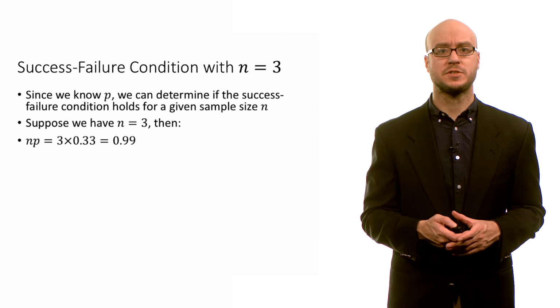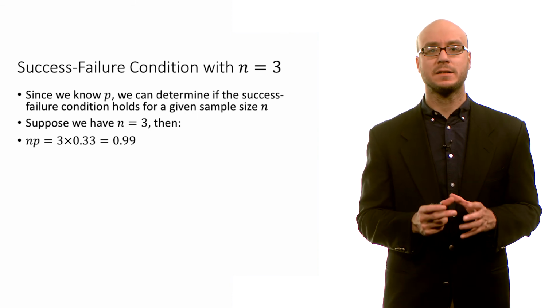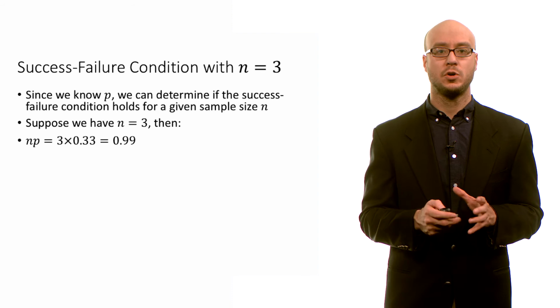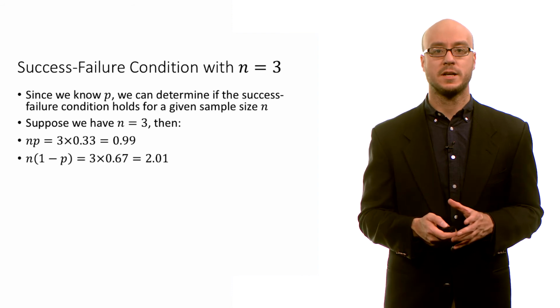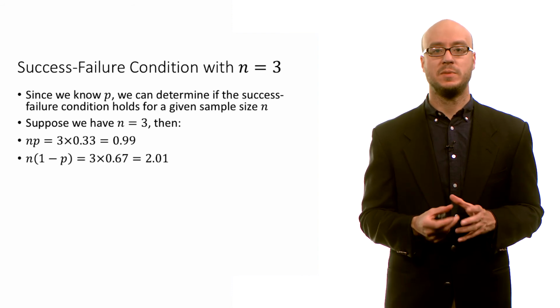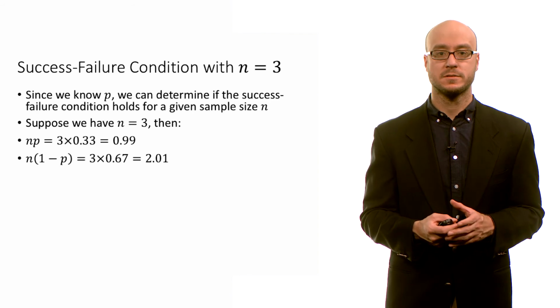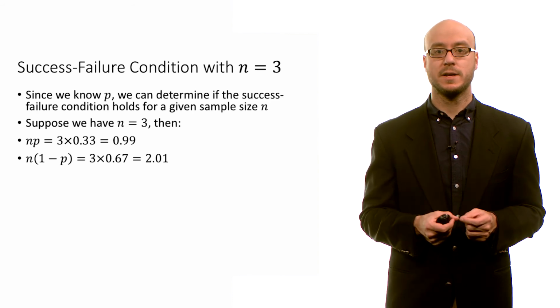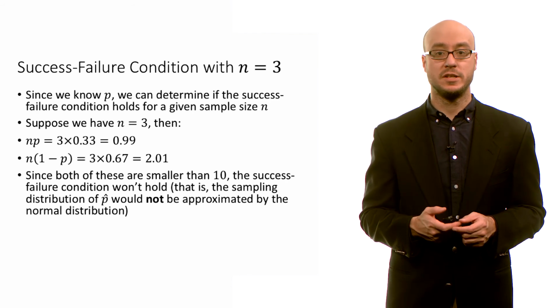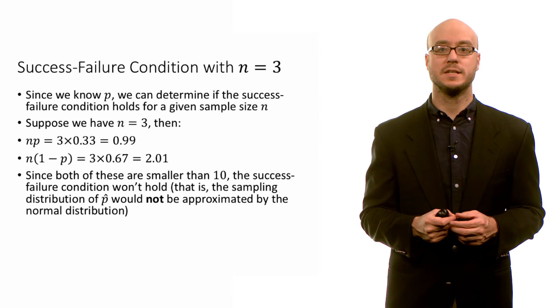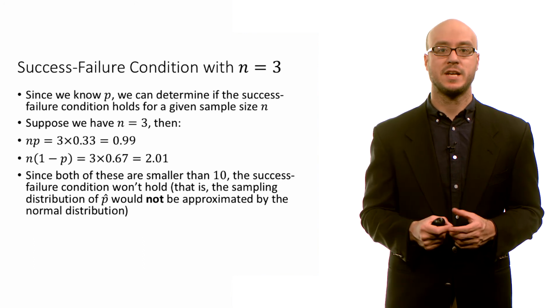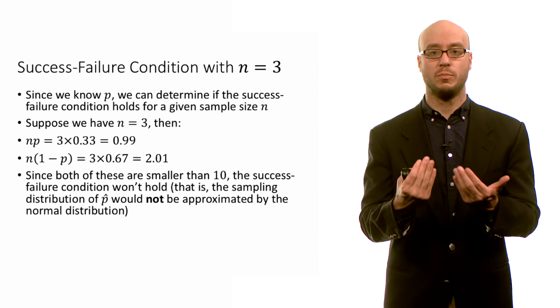If the sample size is 3, then we would expect about 1 success, right? And we'd expect about 3 failures, right? So with a sample size of 3, the success-failure conditions don't hold, because the expected number of successes and the expected number of failures are both less than 10.